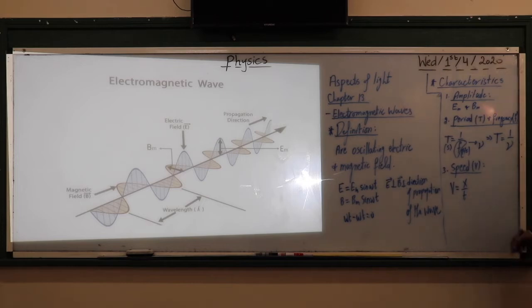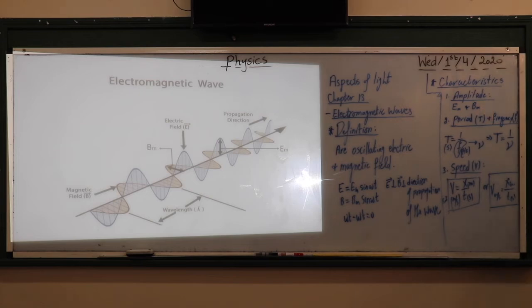The SI unit of the speed is meter per second. This is the SI unit, but sometimes we use the centimeter. If x is in centimeters and t in seconds, you get V in centimeters per second. But this is not an SI unit because the centimeter is not an SI unit.